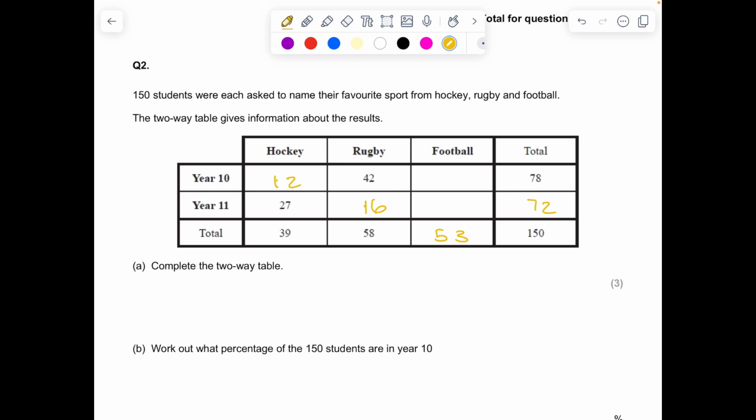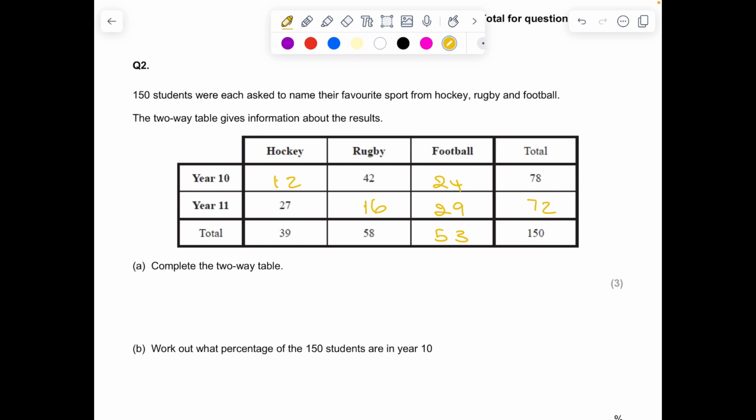And then here I've got 78, take away 12, take away 42, which gives me 24. And then on the one underneath, there's lots of different ways I can do that, but I'm going to do 53, take away 24, to give me 29.